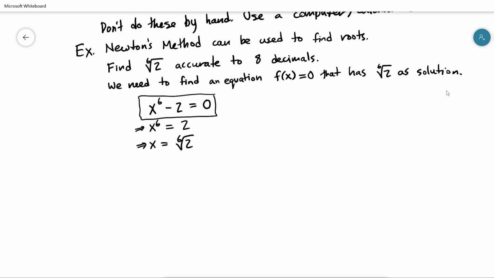Okay. So this is our f of x. Our f of x is equal to x to the 6th minus 2. And what is our f prime of x equal to then? Well, it's going to be 6x to the 5th. And so Newton's method gives us the following.